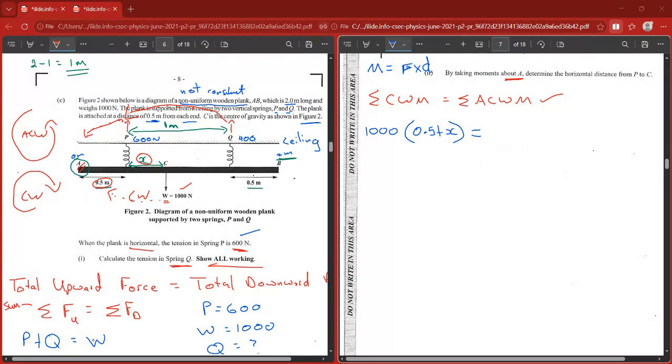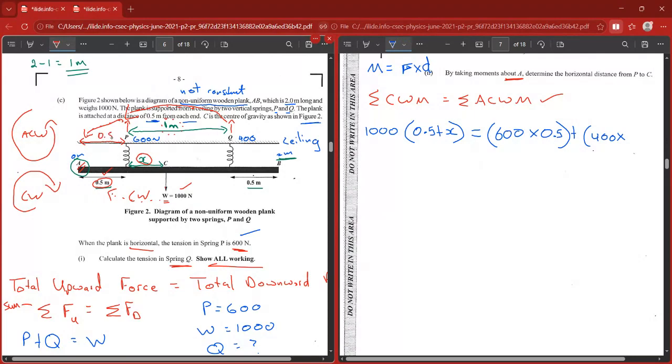Looking at the diagram, P is a distance of 0.5 from A. So it's force by distance: the force of P is 600 times the distance P is from A, 0.5, plus the force of Q, which is 400, times the distance it is from A. How far is Q from A? 1.5, because we have to take into consideration this 1 meter, which is the distance from P to Q, plus the 0.5, which is the distance from A to P. So the distance from A to P is 0.5, plus the distance from P to Q, which is 1.